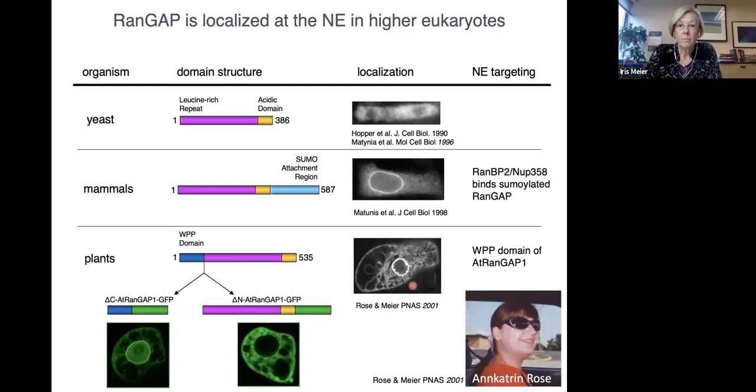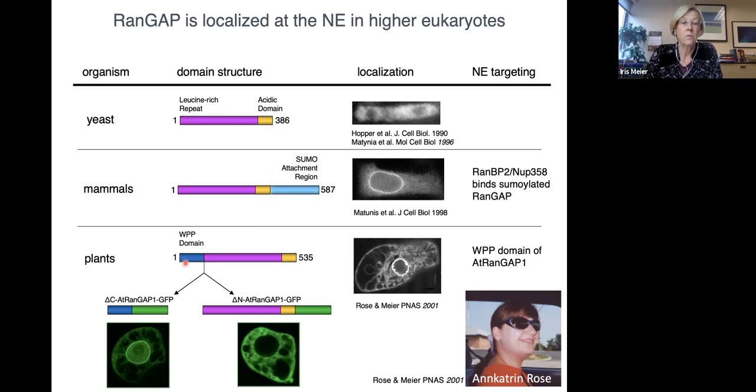So that triggered my curiosity at the time, because I thought, if plants have evolved a different functionality here for this very conserved, very basic general eukaryotic cell biology question, which is how do I keep the molecule RAN-GAP in the place where it ought to be in the cell?